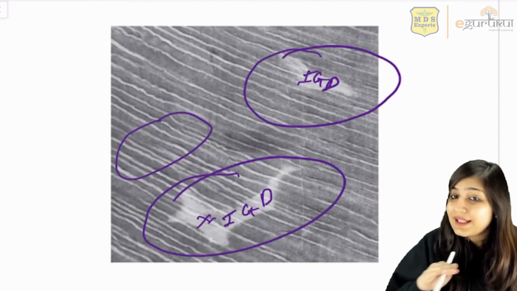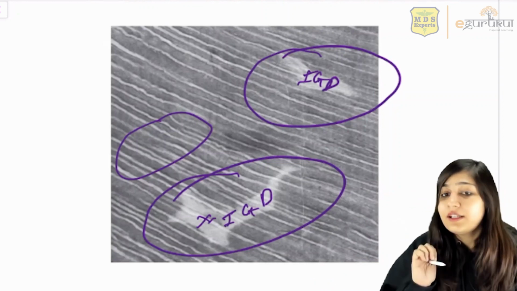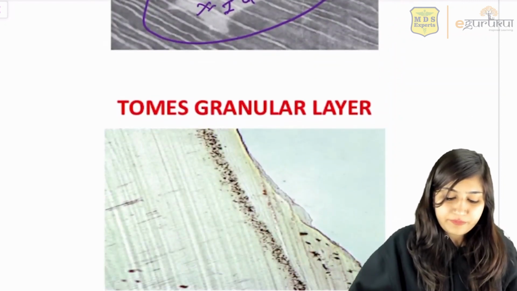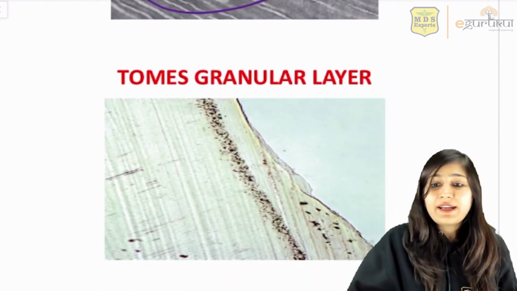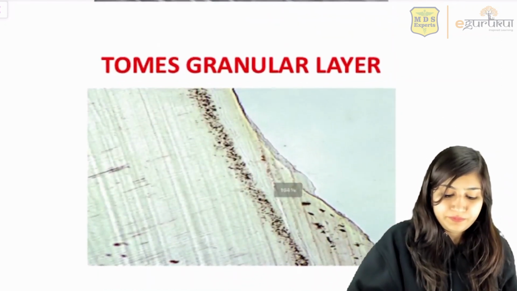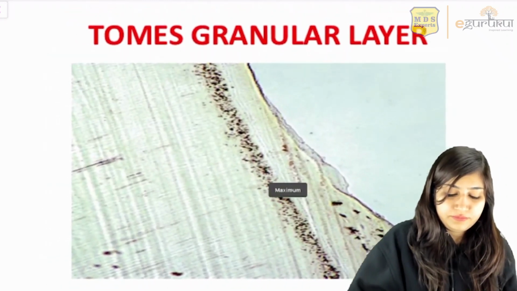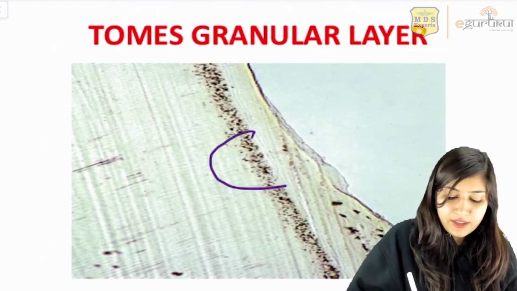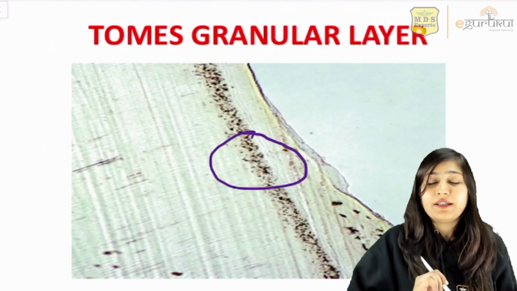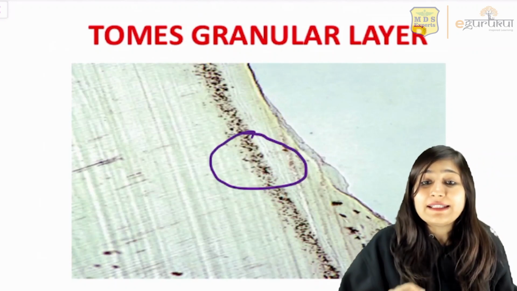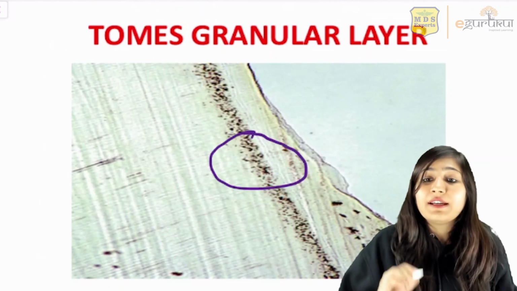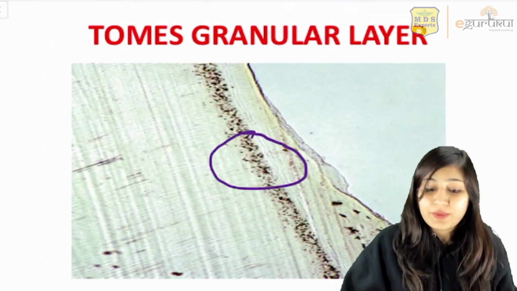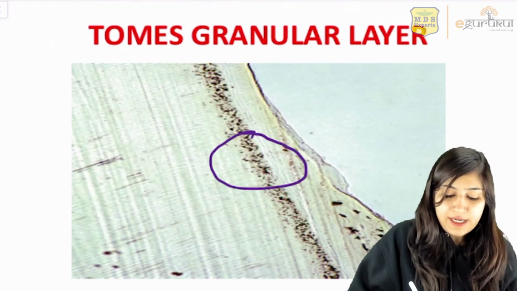It will be present in circumpulpal dentin, just beneath the mantle dentin. Tomes' granular layer. So here you can see granular layer formed by interlacing and looping of dentinal tubules. This is Tomes' granular layer.